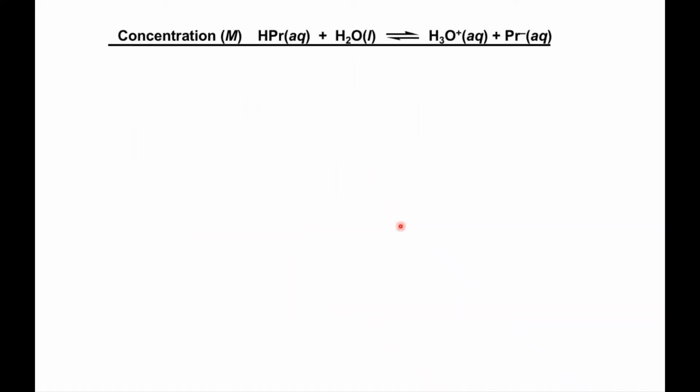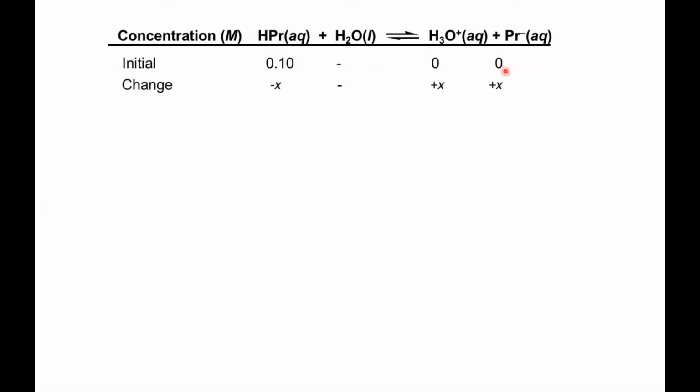Here we write out our reaction table again. We put the balanced equation at the top, and then we have our initial concentrations. We have water, which doesn't change because it's in massive excess since it's the solvent. We have 0.10 molar propanoic acid, and then we have no dissociated ions initially.